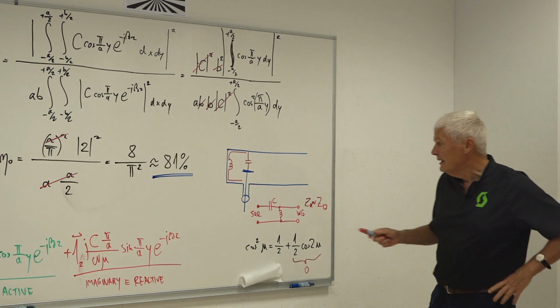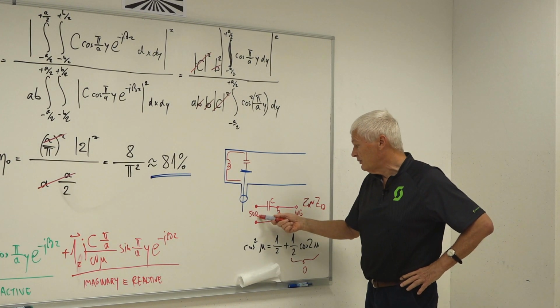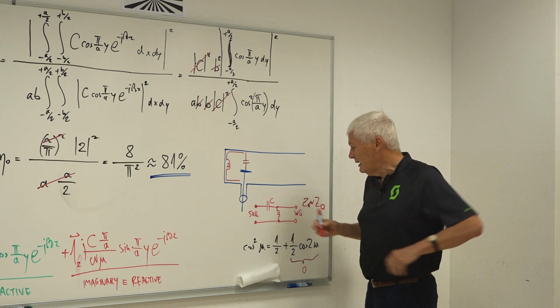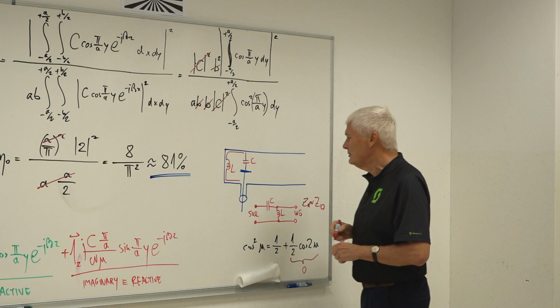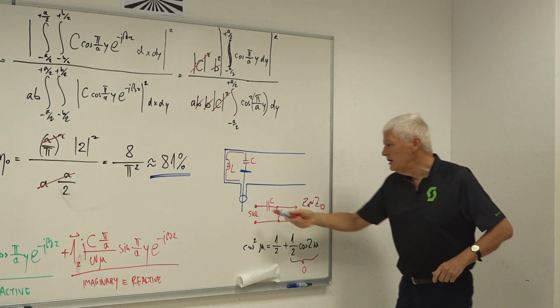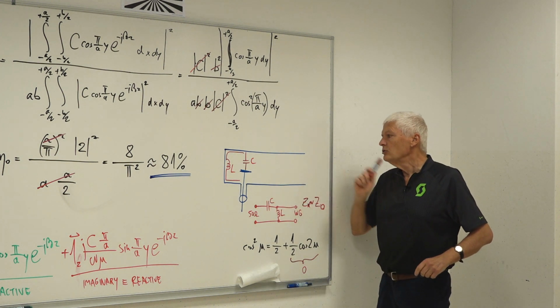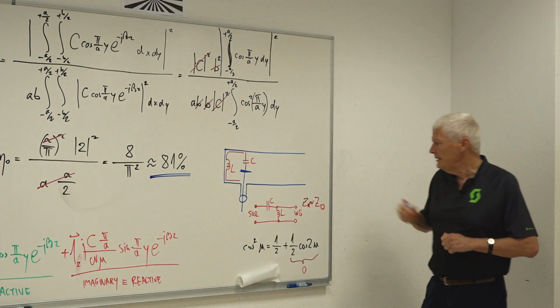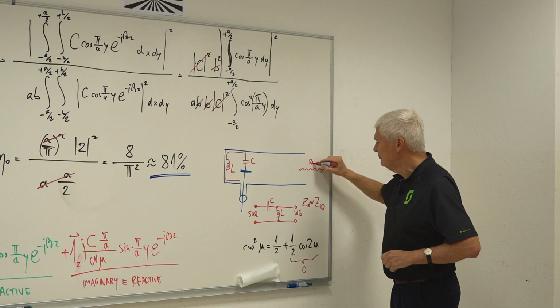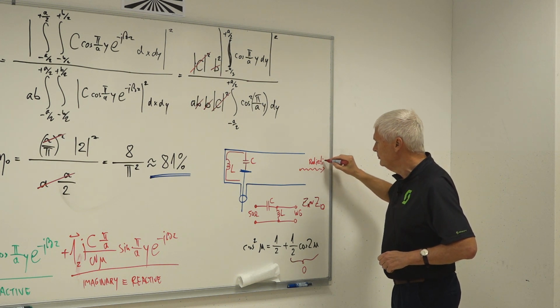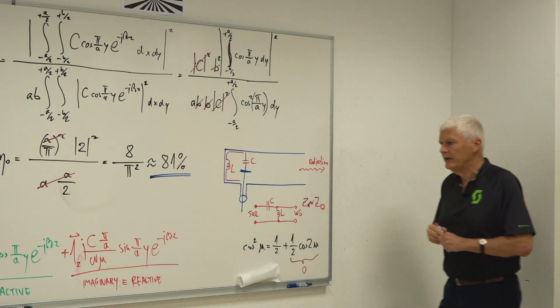So this is actually a step-up transformer using L and C components, inductor and capacitor, to match the low impedance of the coaxial line to the high impedance of the waveguide. And the radiation comes out here, out of the open end of the waveguide.